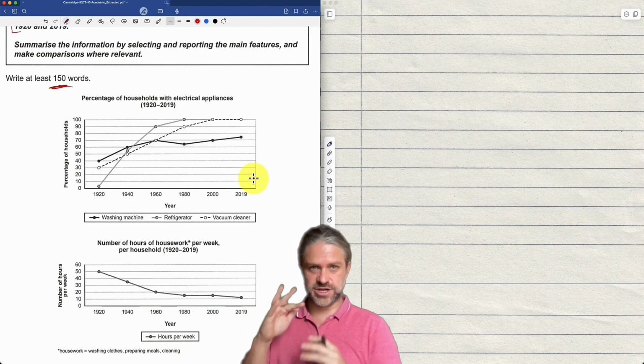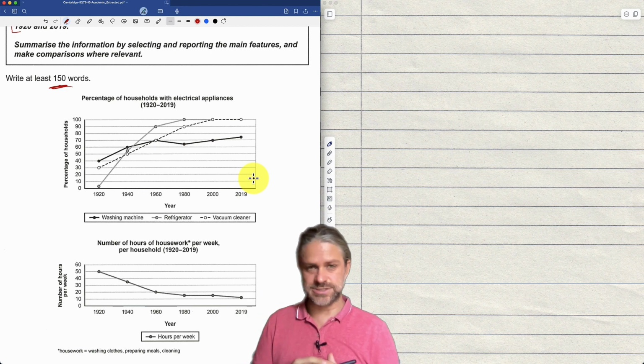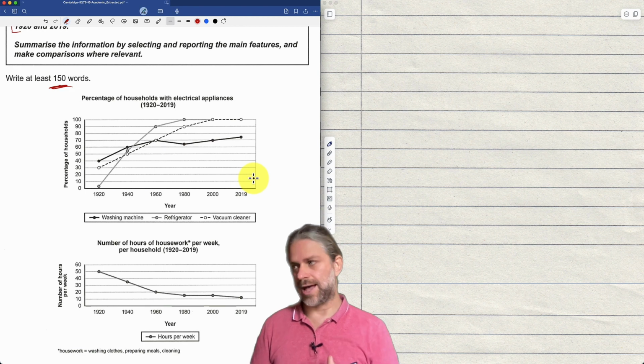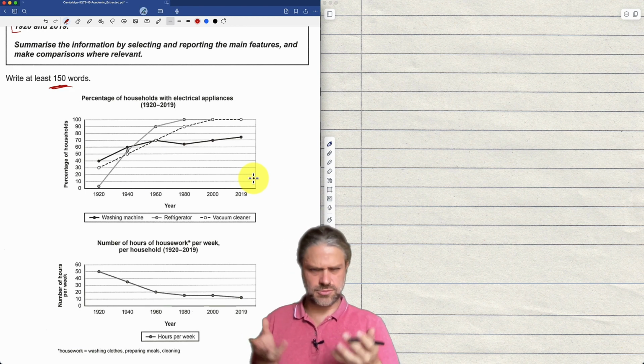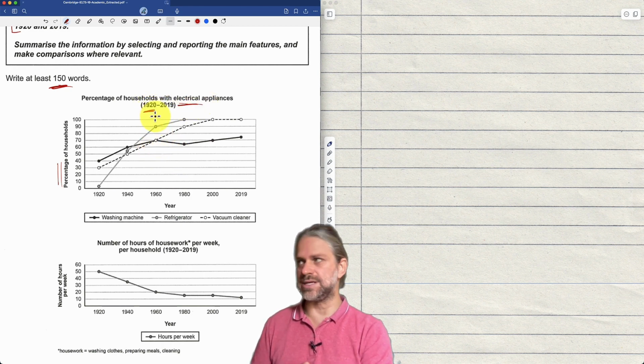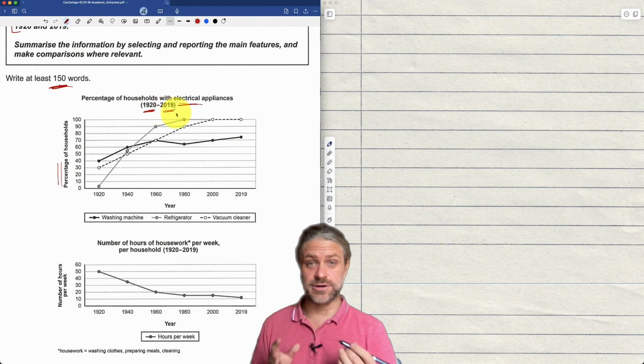In one of them, all of the lines are going up, and in the second graph the line is going down. Now I want to look at what is going on there. So it's the percentage of households doing what? Well, they are using electrical appliances between 1920 and 2019, so 99 years.